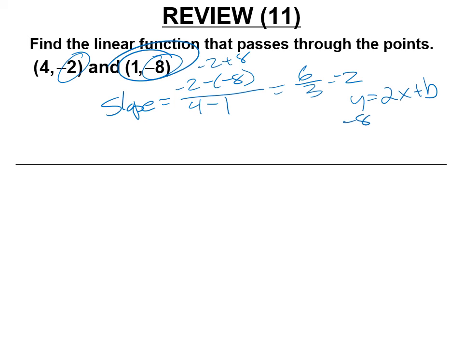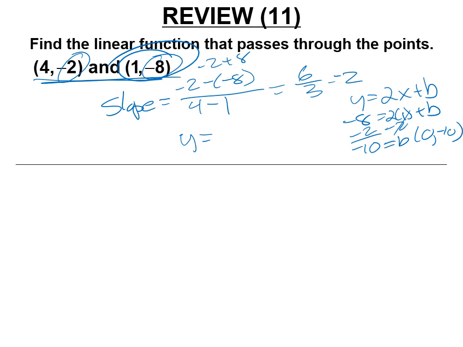So -8 equals 2 times 1 plus b. 2 times 1 is 2, so I subtract 2 from both sides. I get -10 equals b. So the y-intercept is 0, -10. There's only one line that goes through those 2 points, and it has a slope of 2 and a y-intercept of 0, -10, and it has the equation y equals 2x minus 10.